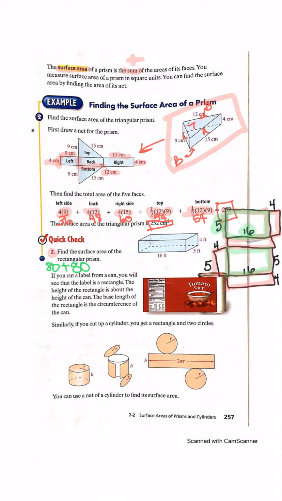And then I'm going to look at the next ones. So this one is not as clearly identified, although this 4 here is the same size as that one. So we know that's 4 times 16. The length is 16. 16 times 4 is 64. So this one's 64 and this one is 64.